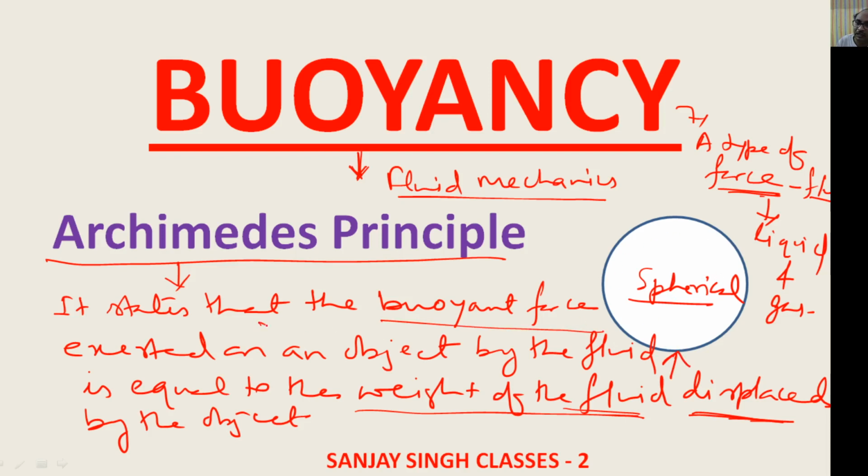So this is called Archimedes principle. On the basis of this principle, the aeroplane flies, and ships move in water, floating and not sinking. That is the main reason we remember this Archimedes principle. Now let us go for proving this Archimedes principle mathematically.